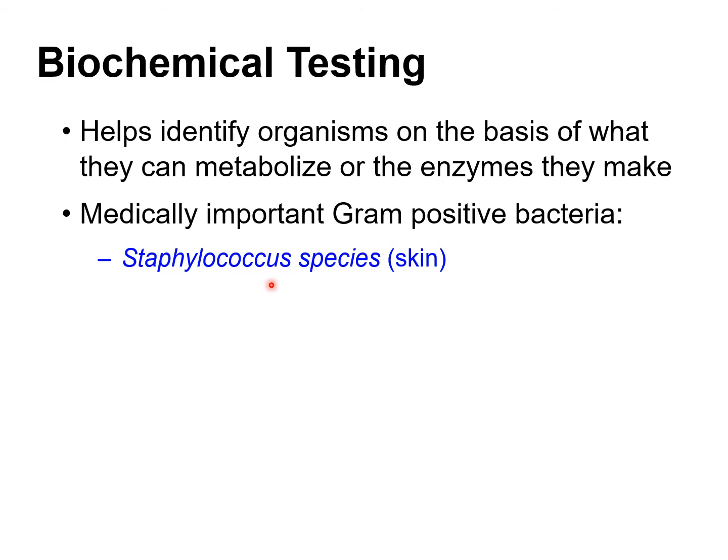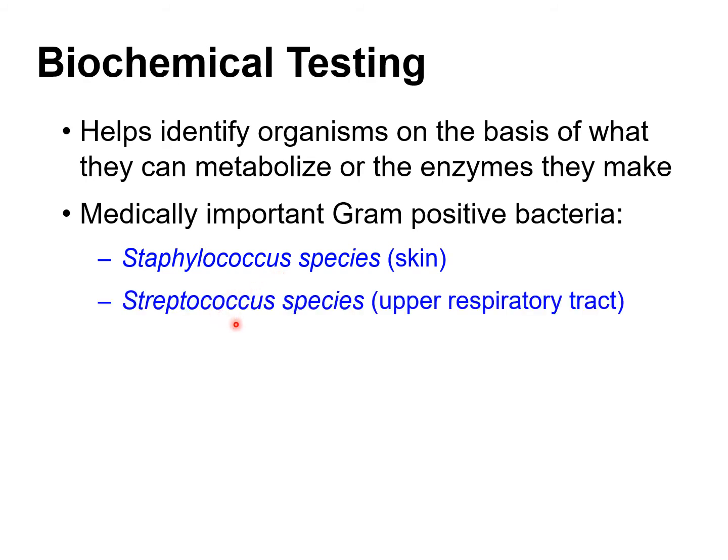Staphylococcus is usually found on the skin, or it could actually be found in the nose. Even if you're healthy, there could be some Staphylococcus in the nose. Not all Staphylococcus are pathogenic, but some of them are.